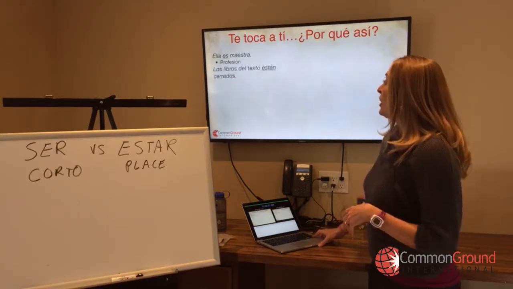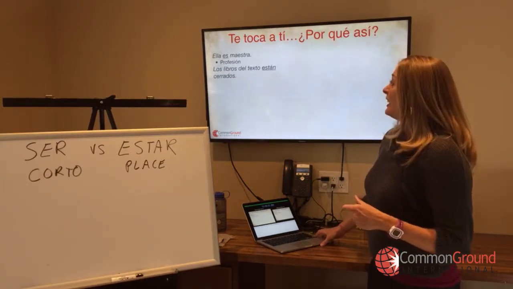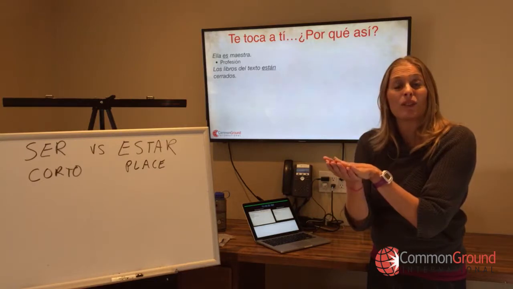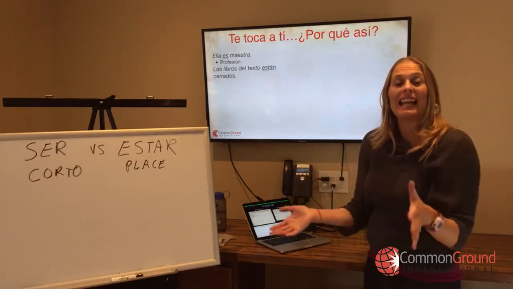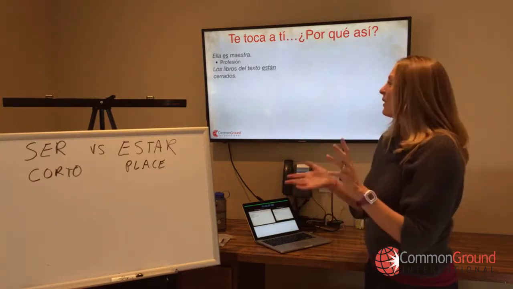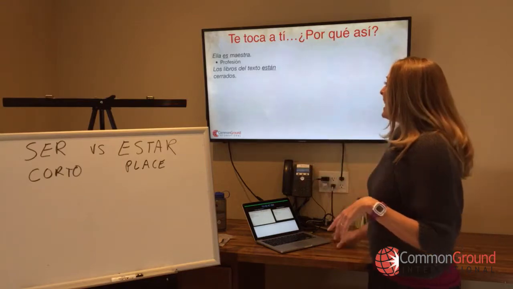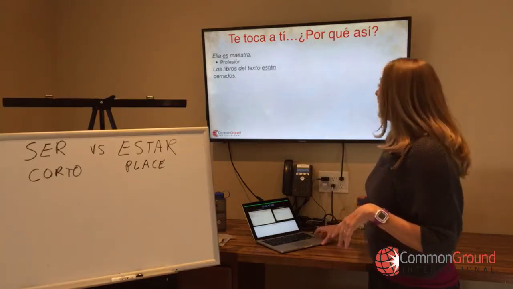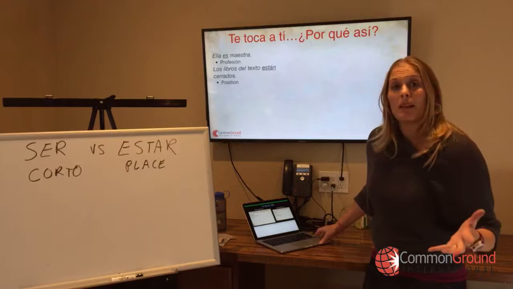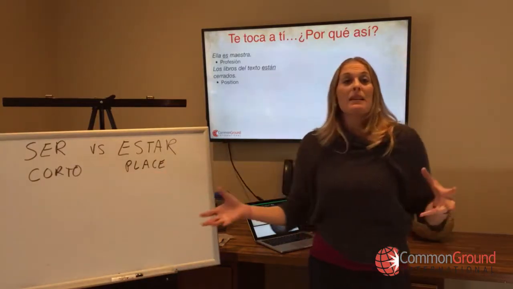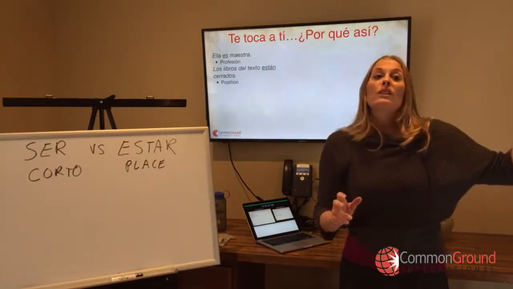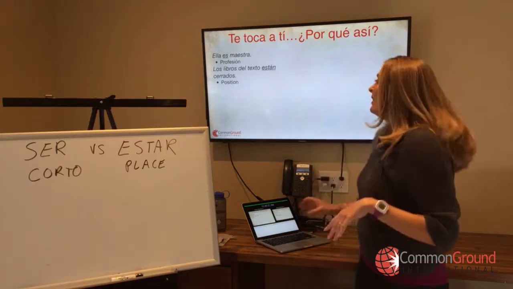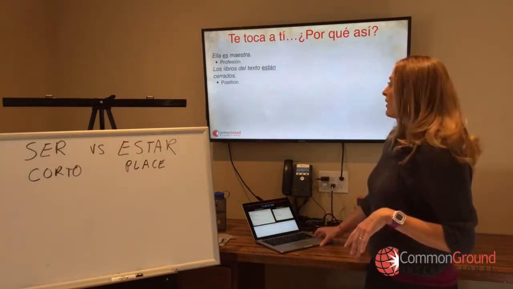Otro ejemplo. Los libros de texto están cerrados. Están cerrados. Which one is it? CORTO or PLACE? El verbo estar. So we have position because we're describing the position of the books or the door está cerrada. Los libros están cerrados.